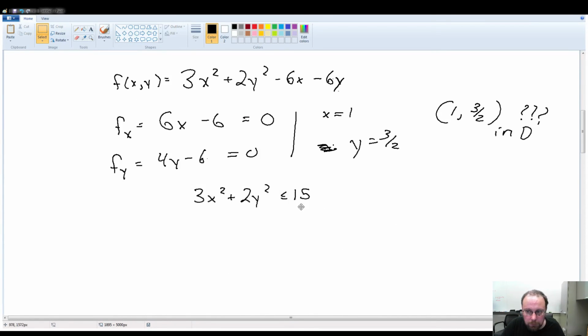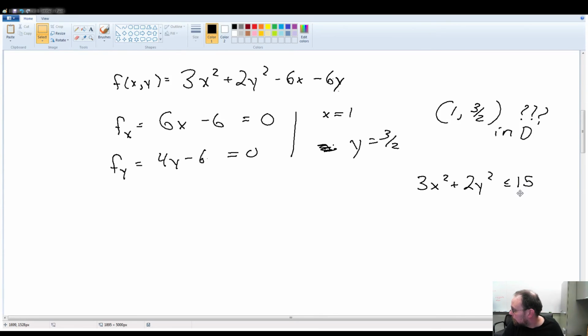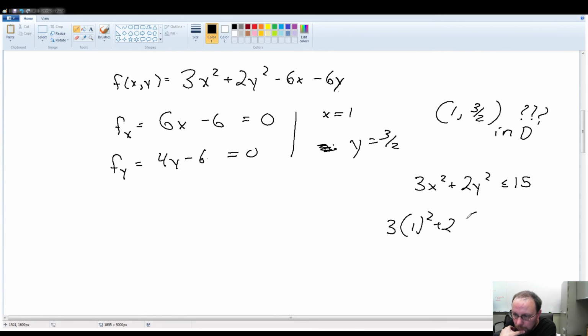So this is our constraint. And I'm just going to check whether this inequality holds at our critical point. So 3 times x squared, so that's 1 squared, plus 2 times y squared. That's 3 plus 2 times 9/4.